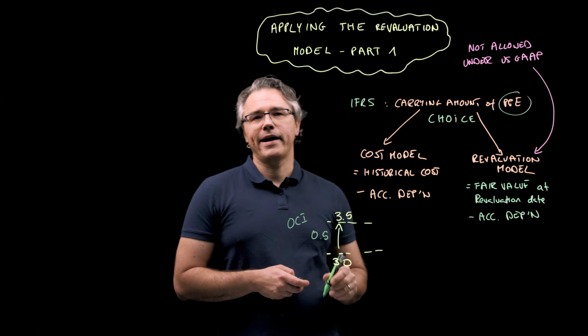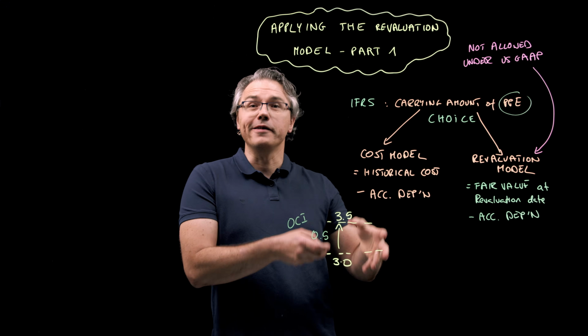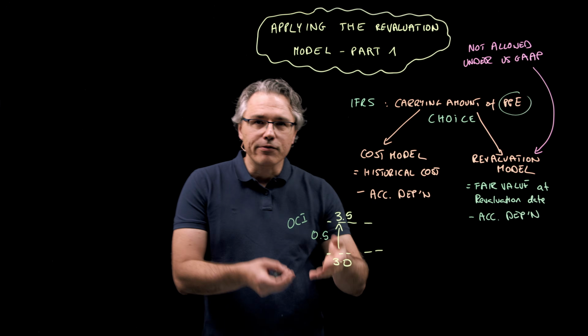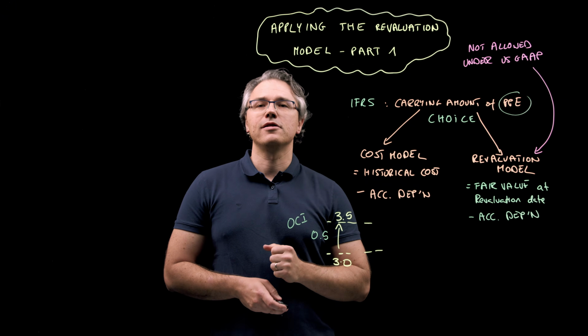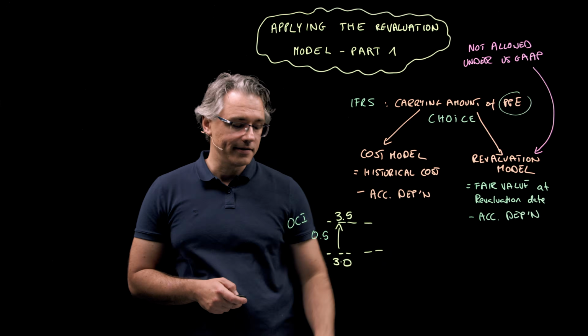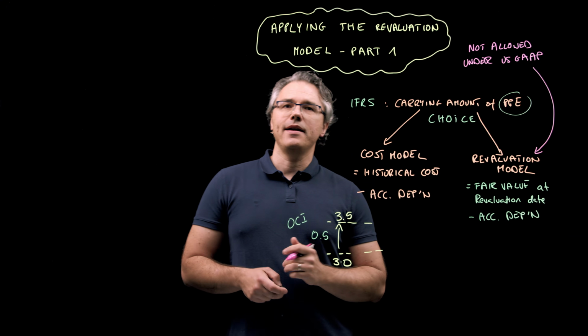And let me also add that if the asset's fair value were to grow further, we would continue doing the same thing again and again, increase the carrying amount and keep pumping the revaluation surplus with each increase showing within other comprehensive income. However, this is not the case.